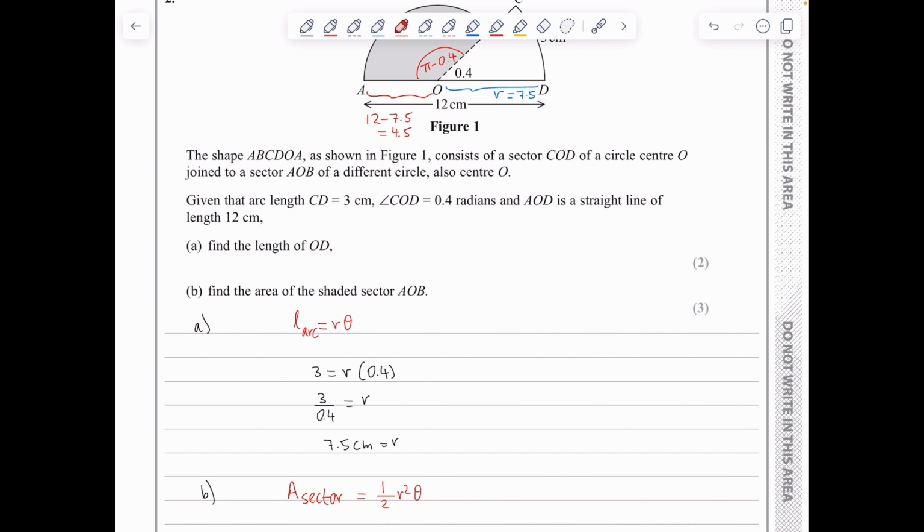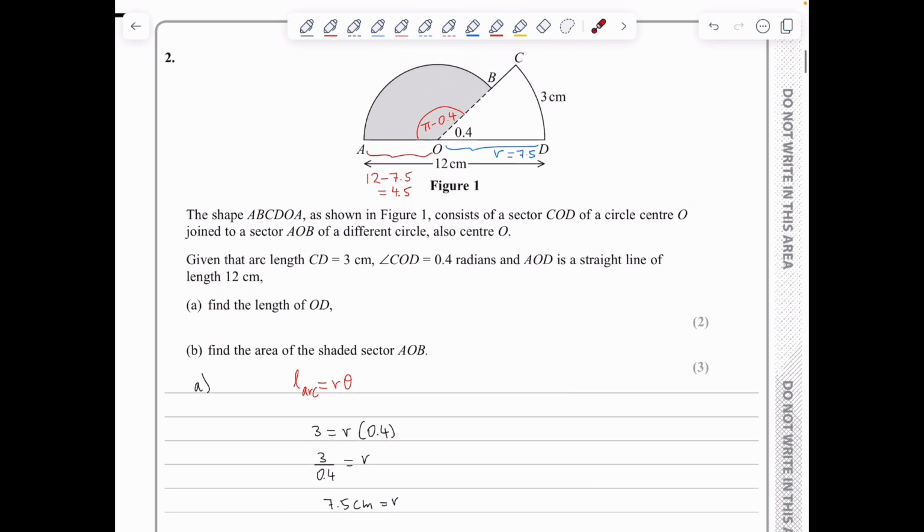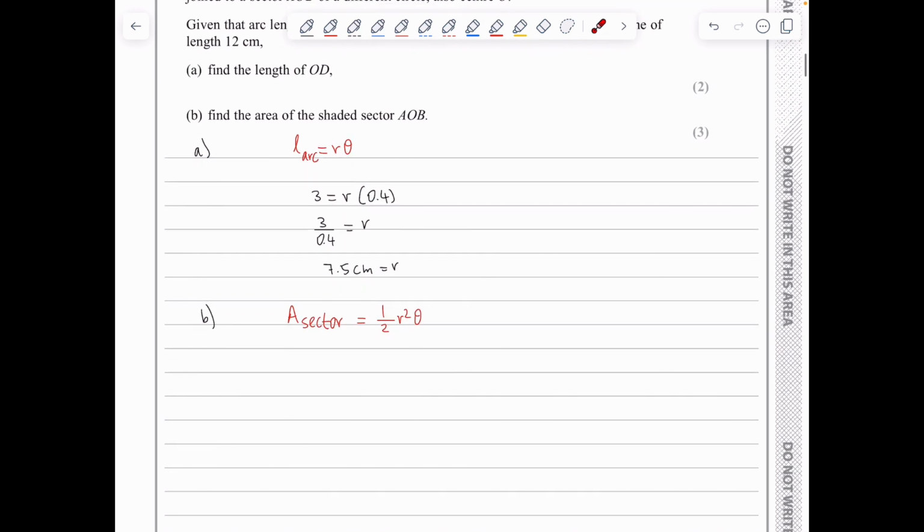That's the radius for the sector which is shaded here, the sector ABO, and therefore the area will simply be given by a half times 4.5 squared times pi minus 0.4. Plug everything on the calculator, we get an answer of 27.8 square centimeters.